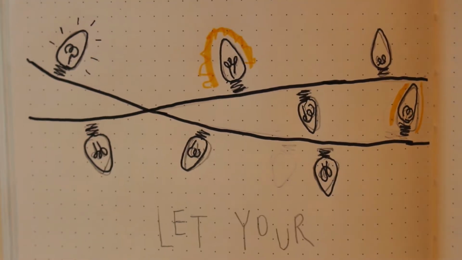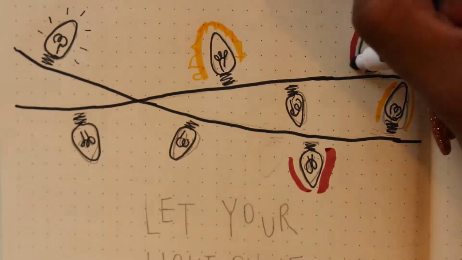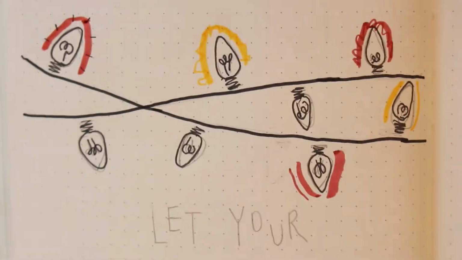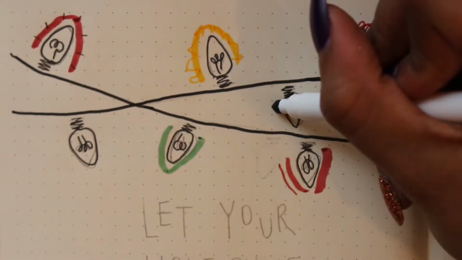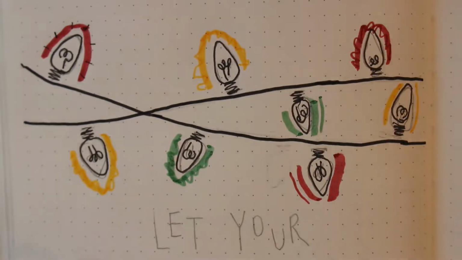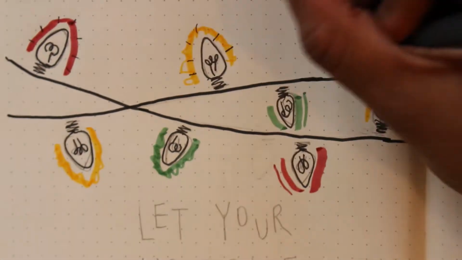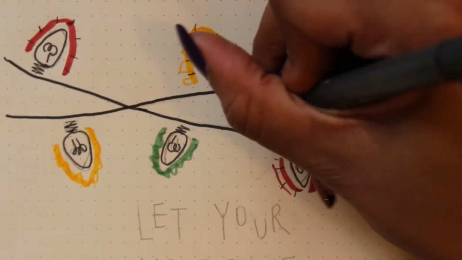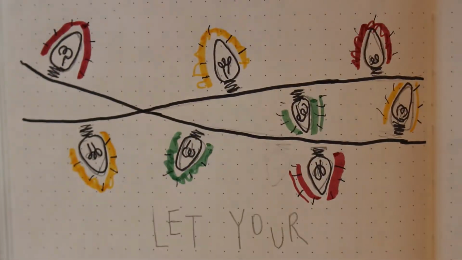But I'm just making these little Christmas lights up at the top, and I'm taking the colors that I'm going to be using and just making the outline so it kind of looks like the light is on and it's flickering kind of. And the quote down at the bottom just says, "Let your light shine."